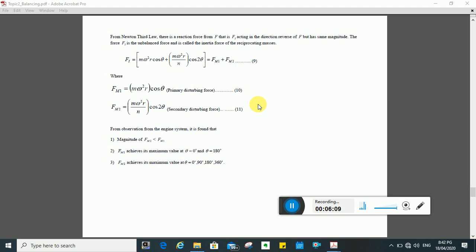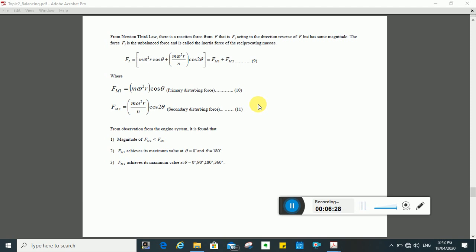We need to find out the unbalanced force produced based on this graph. We will construct it on graph paper.